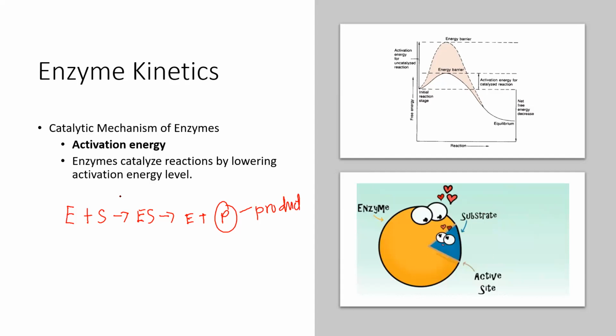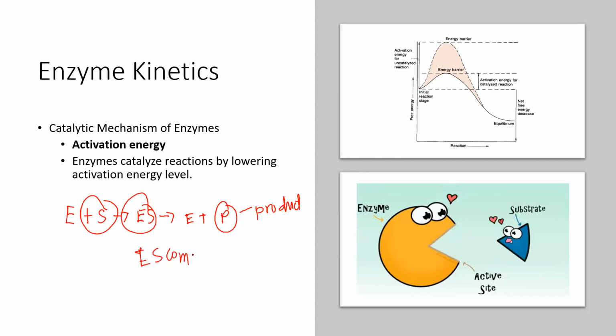Ibig sabihin, the substrate is important because the active site of the enzyme where the substrate will react is required. Remember that the ES complex is a physical binding of a substrate to the active site of the enzyme.